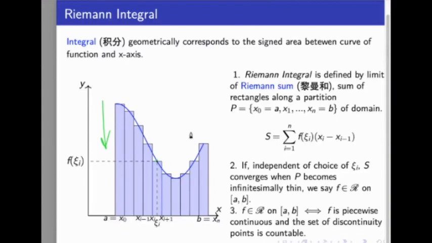The sum of all rectangle areas is called the Riemann sum. If, independent of the choice of sampling, the Riemann sum converges when the maximum length of the small pieces approaches zero, we say f is Riemann integrable on [a, b]. It can be proved that a Riemann integrable function is piecewise continuous on [a, b], and the set of discontinuity points is countable.